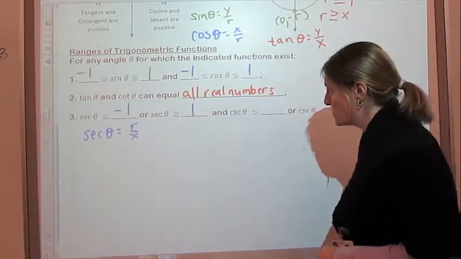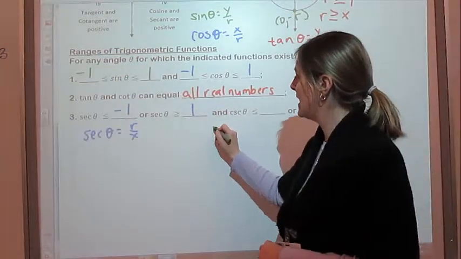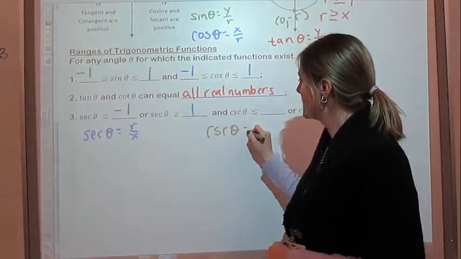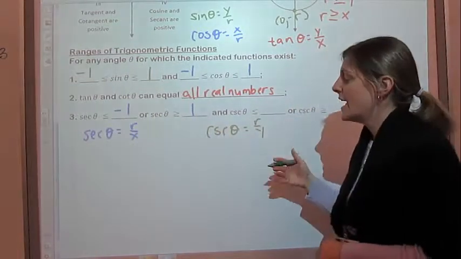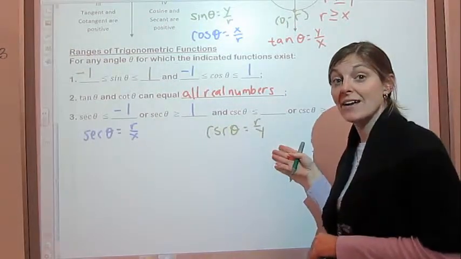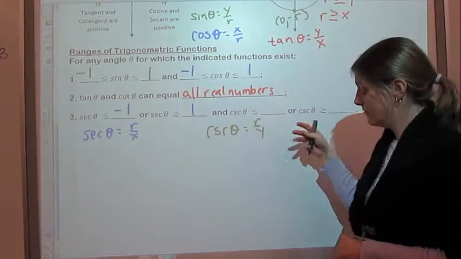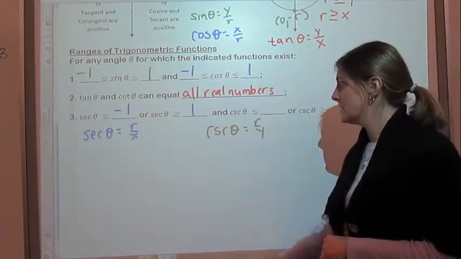And then the same thing is true with cosecant. Because it's the reciprocal of sine, it's going to be r over y. And so again, just like the x, the y value, the largest you can have is r, which would give you a 1. So the largest y value is going to be a 1.